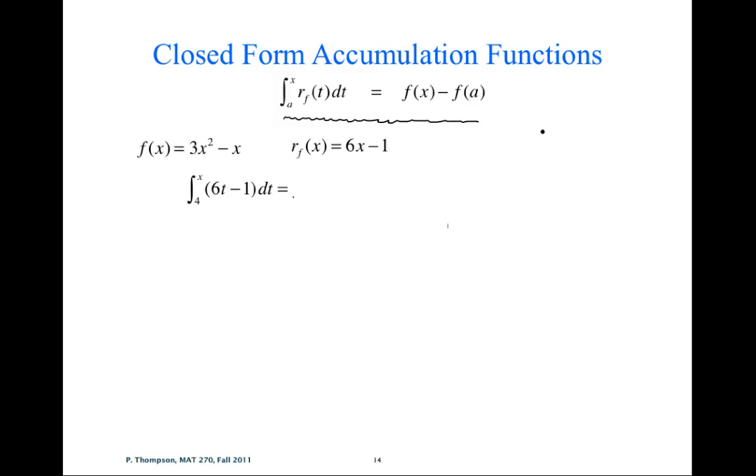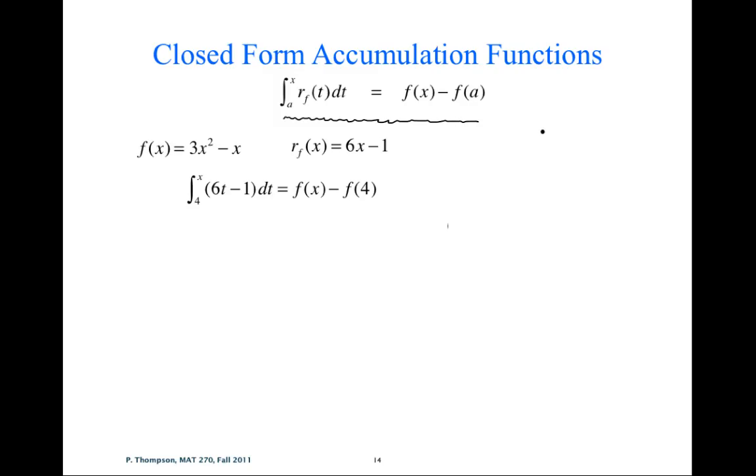So, first, since we already established that it is equal to f of x minus f of a, you replace the f of x with the rule, which is 3x squared minus x, and then you subtract f of a from that. And what is f of a in this case? F of 4. Good. Right, so applying the fundamental theorem, we know this open form net accumulation is going to be the same as f of x minus f of 4.